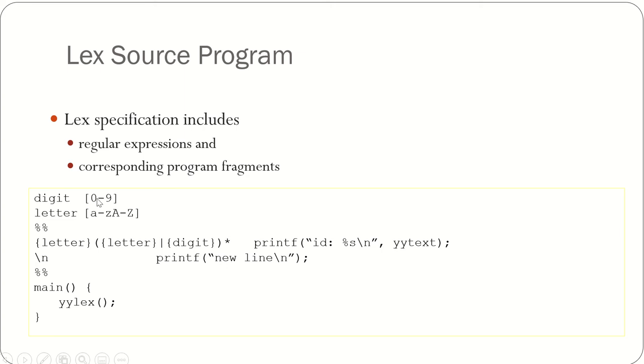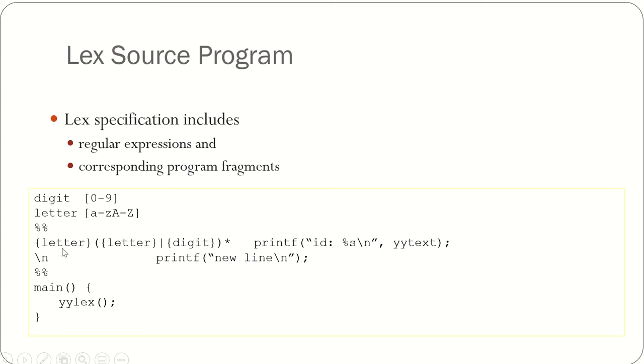This regular expression, given in square brackets 0 to 9, recognizes a digit. A to Z small and capital A to Z recognizes letters: if anything you give is in this range, it will be considered a letter. Using these regular expressions, we are forming a pattern.